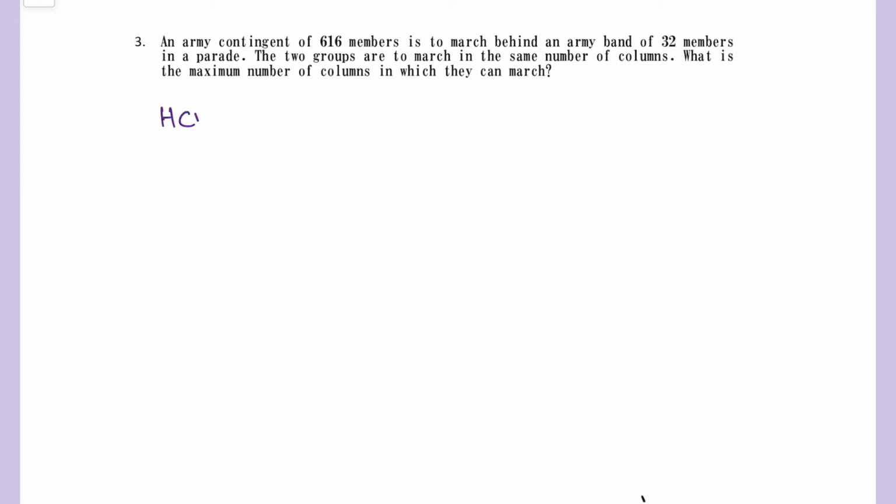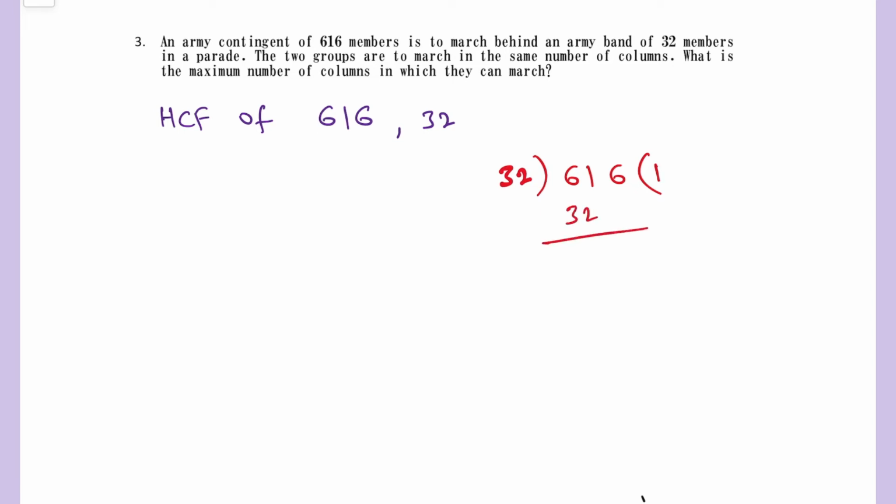HCF of the given two numbers 616 and 32. As usual, first division: 32 and 616. 32 twos are 64, so not possible. So 32 ones are 32; 61 minus 32 is 29.